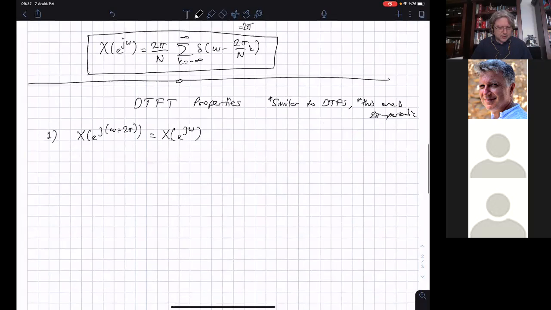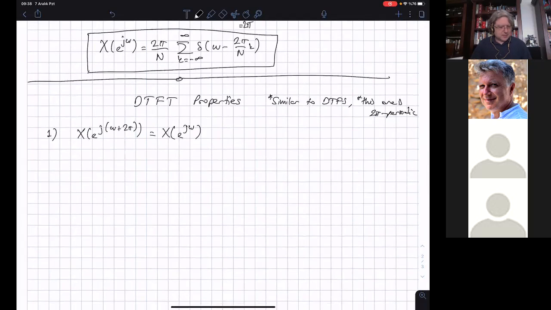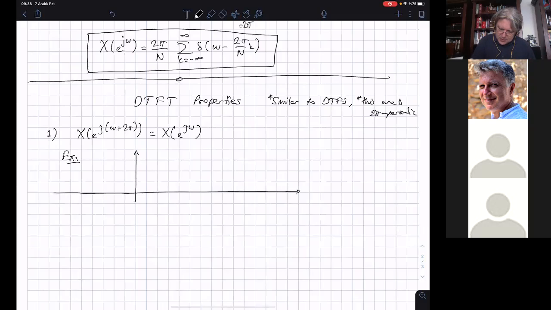Here I want to give you an example of what those shifts may correspond to in the time domain. What some shifting in the frequency domain will make in the time domain. It's not an example of this property, but it's an example in general. Suppose that we have a Fourier transform, let's call it capital X of e to the j omega, like this.